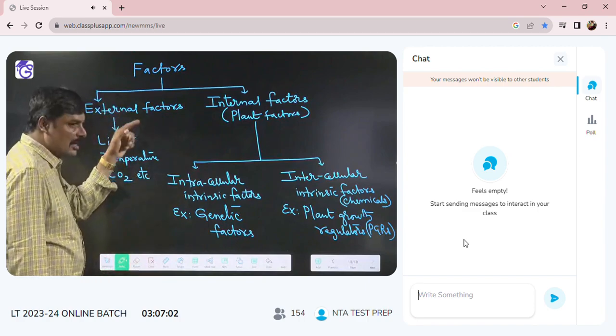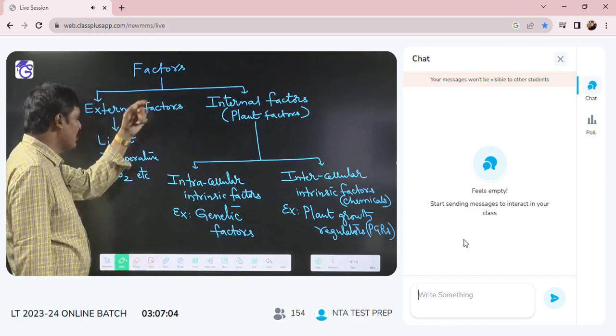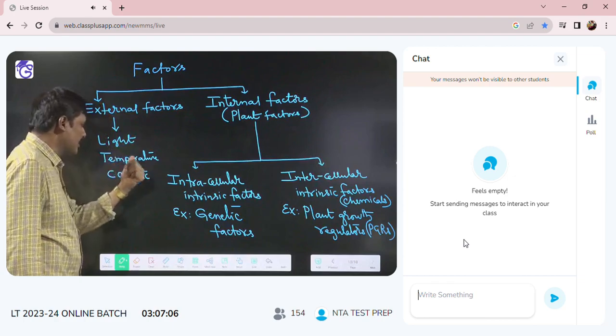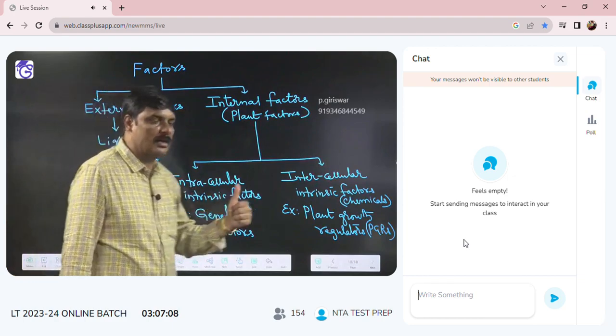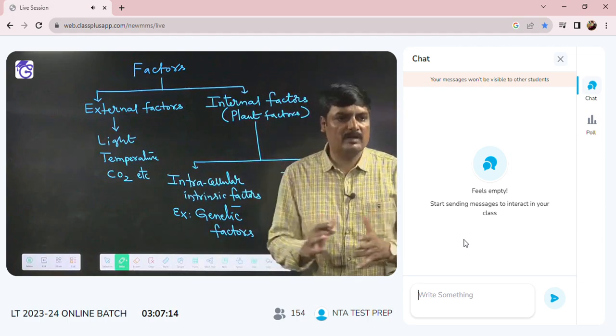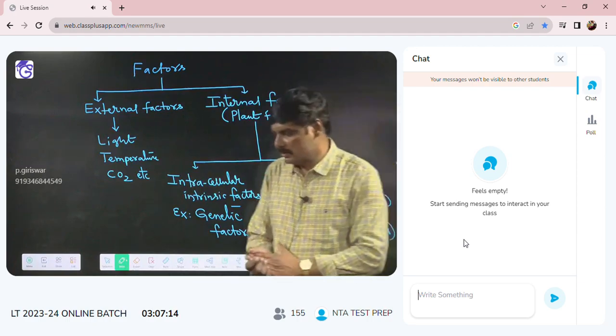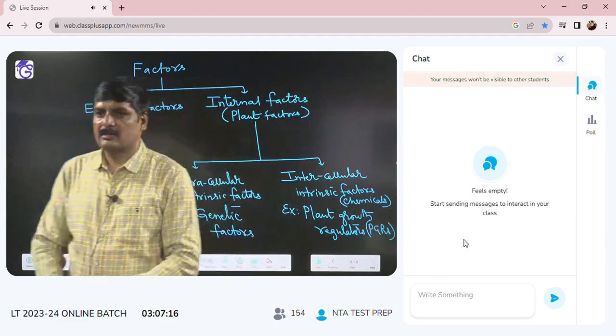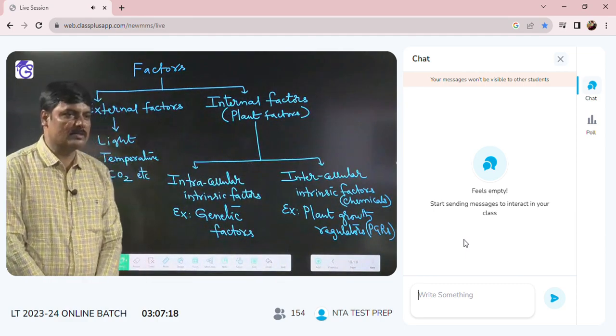And external or extrinsic factors that influence growth and development are light, temperature, carbon dioxide, etc. These are the factors that affect plant growth and development, students.